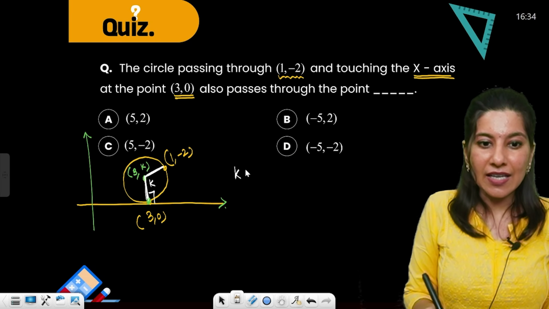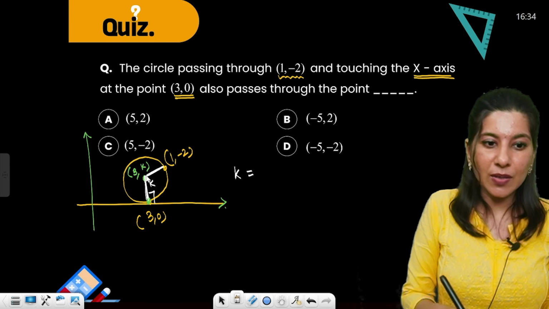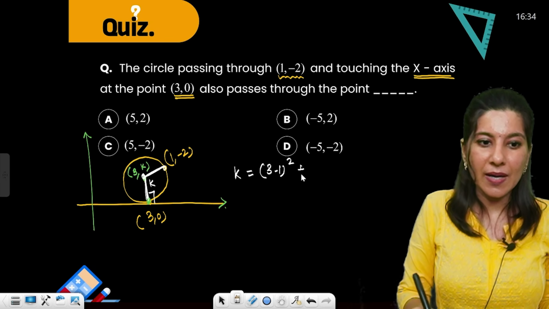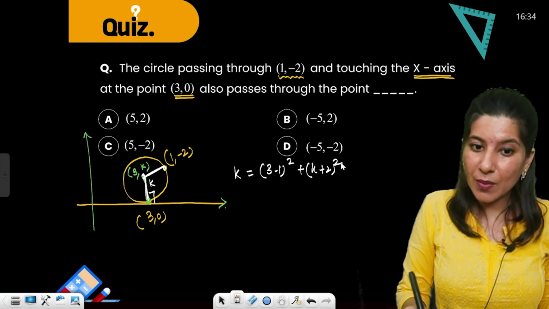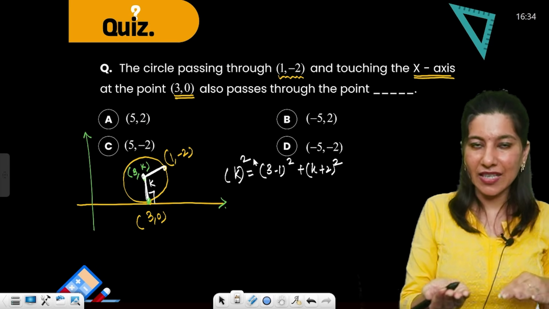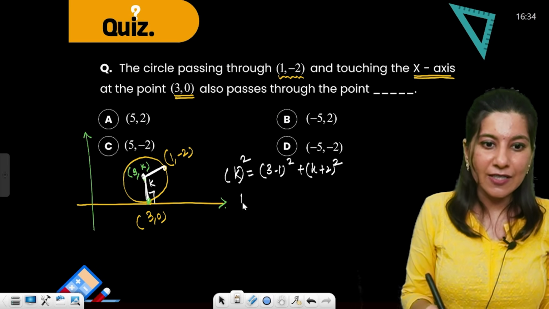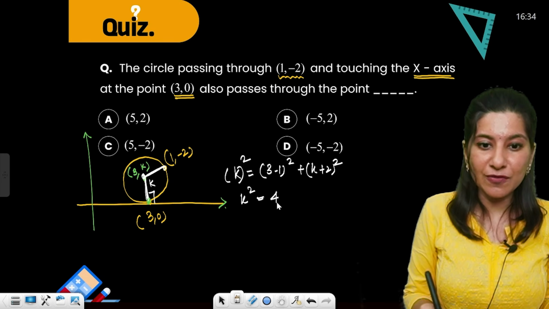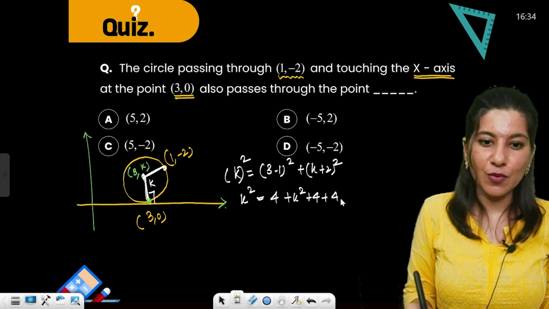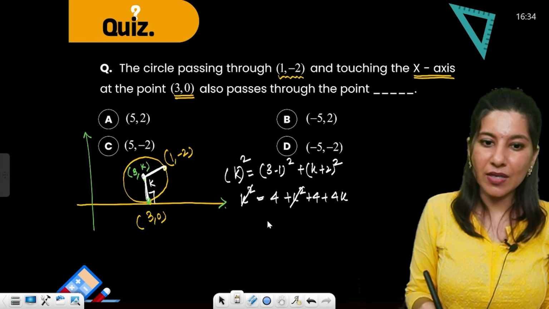So, k will be equal to the distance between (3, k) and (1, minus 2), so square root of (3 minus 1) whole square plus (k plus 2) whole square. Squaring on both sides, k square equals 4 plus k square plus 4 plus 4k. k square gone.